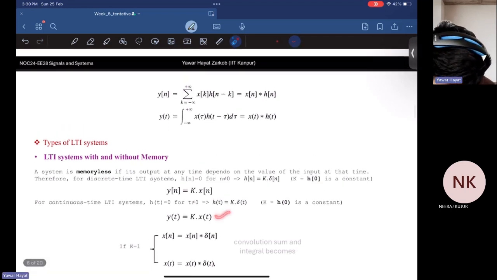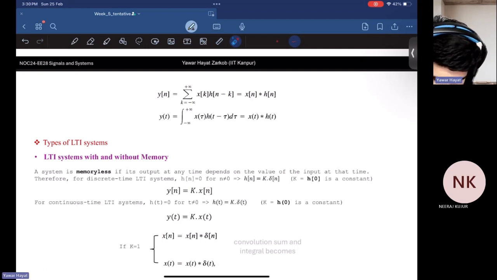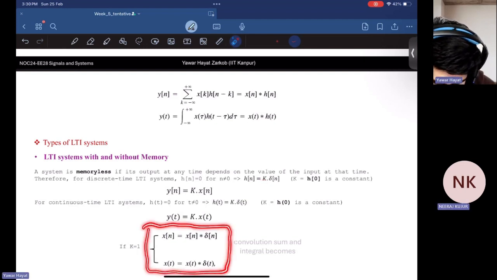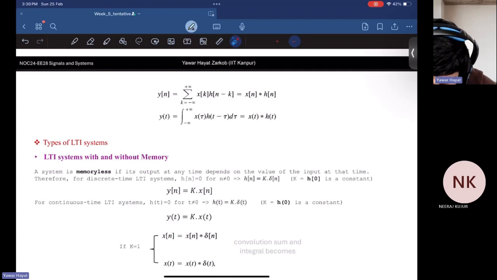So if this k is 1, can we write x of n as x of n times delta of n and x of t as x of t times delta of t? Can I do that?